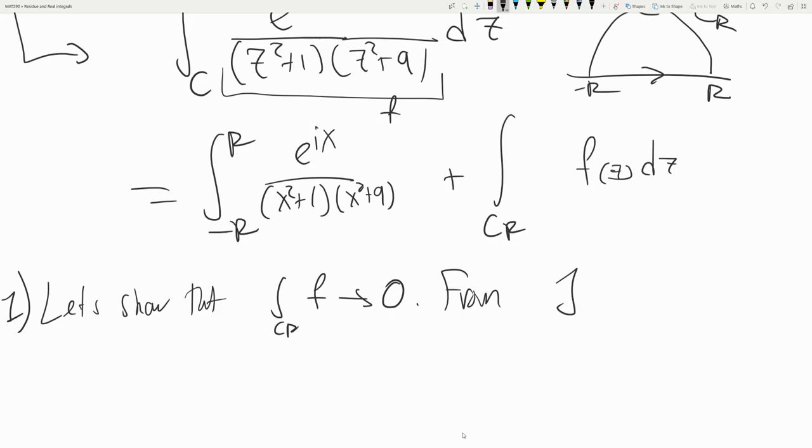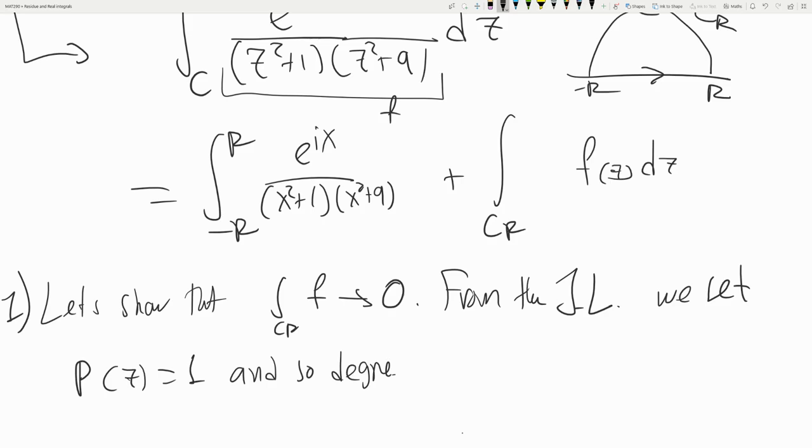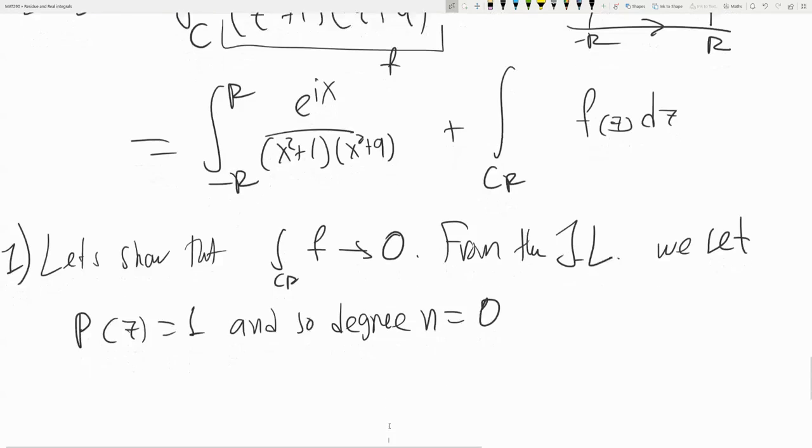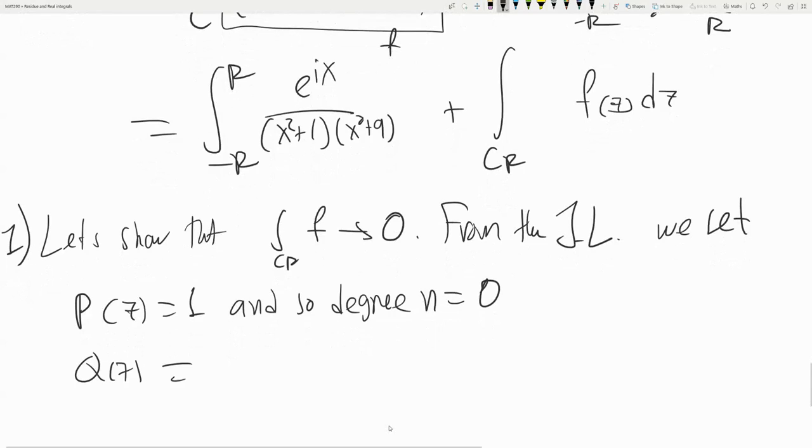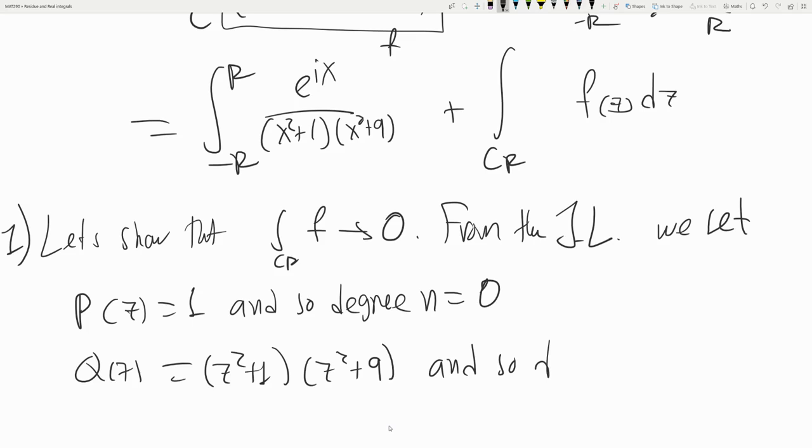From the Jordan lemma, we set P of z to be 1, and so degree n is 0, and we set Q of z to be z squared plus 1 times z squared plus 9, and so degree m is 4.